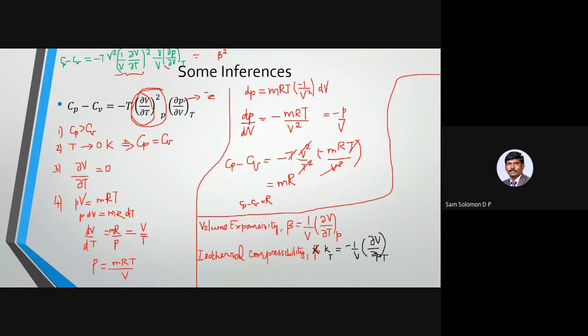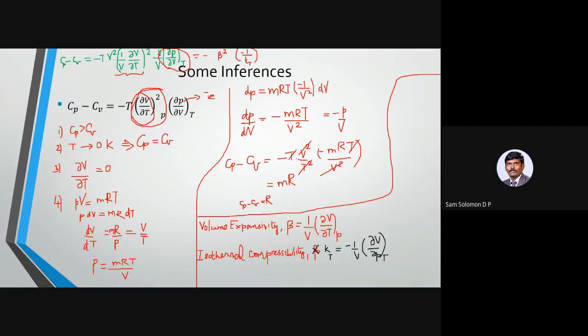And for this, there is a minus, you already have a minus here, so this is minus of 1 by Kt. And you have one volume, and here there is a volume squared, so I can cancel out one term.